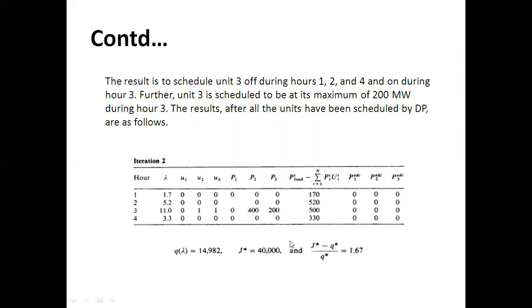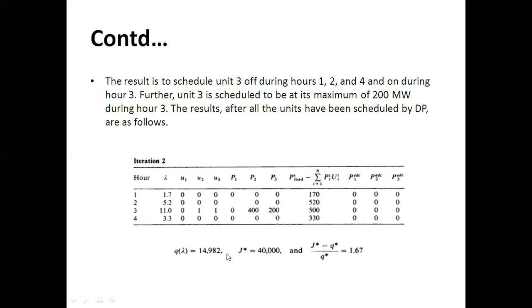That is nothing but putting the values into the fuel cost equation, with P2 equal to 400 and P3 equal to 300 in those equations: 1.7 into 170, 5.2 into 520, 11.0 into 500 plus 3.3 into 300.